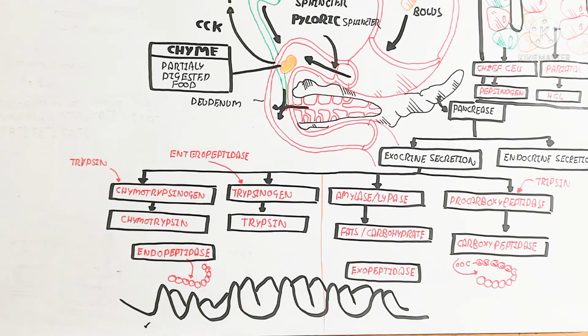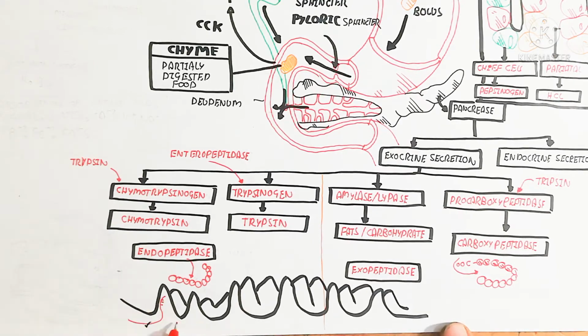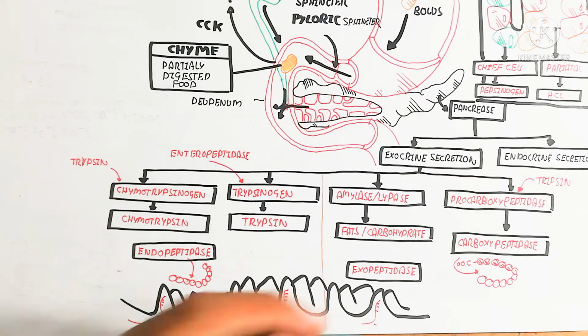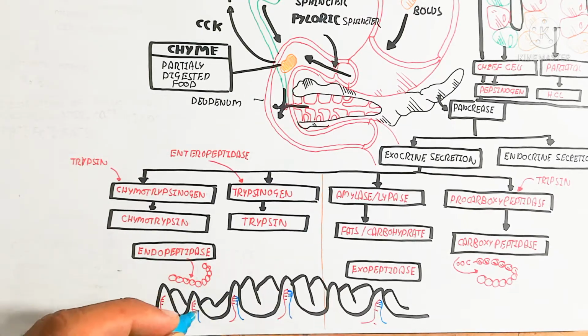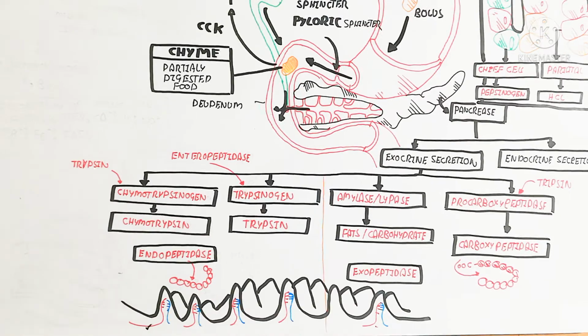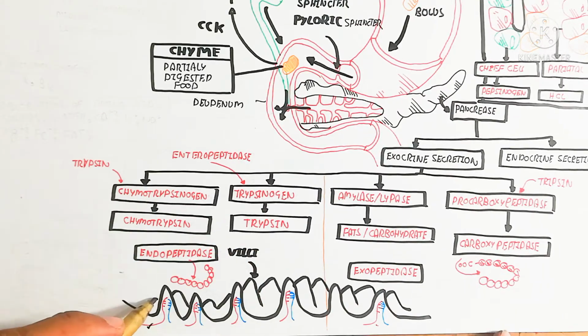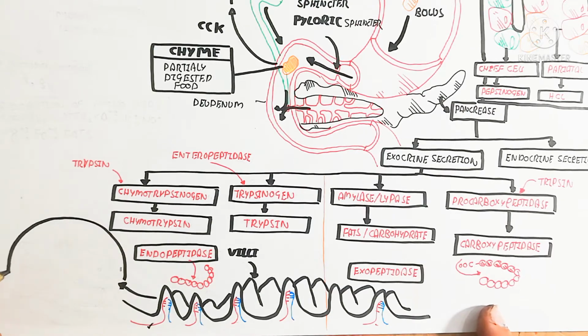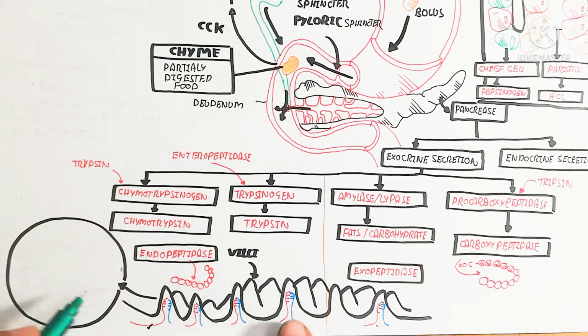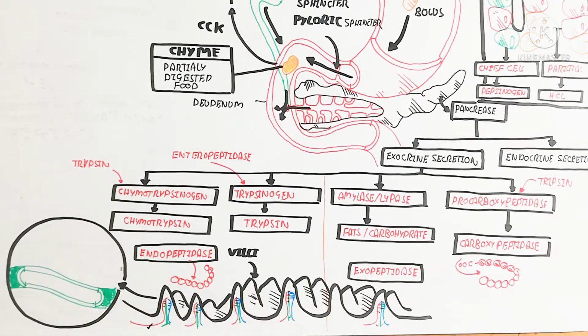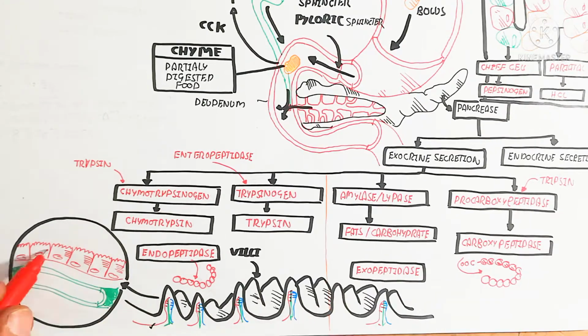On the other hand, here you can see the duodenal wall, which contains villi, and these villi contain enterocytes. The villi are surrounded by the lymphatic circulation as well as the blood circulatory system, which absorb the nutrients from the villi. The villi contain microvilli.